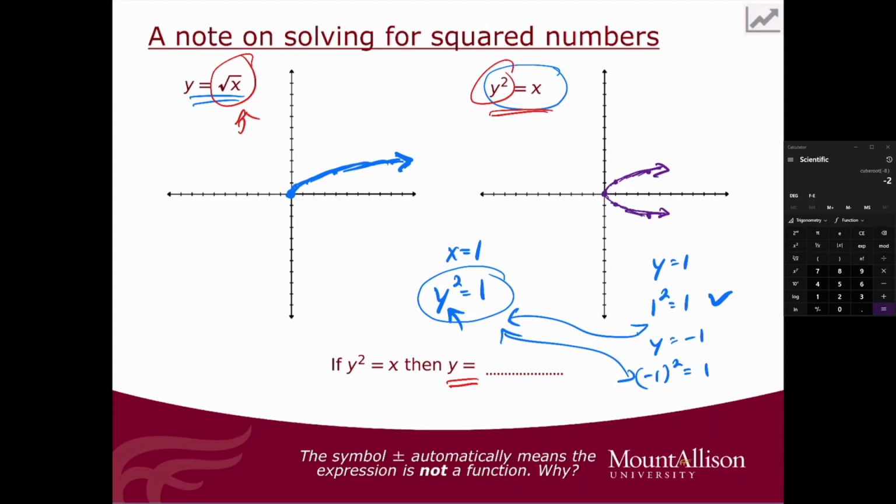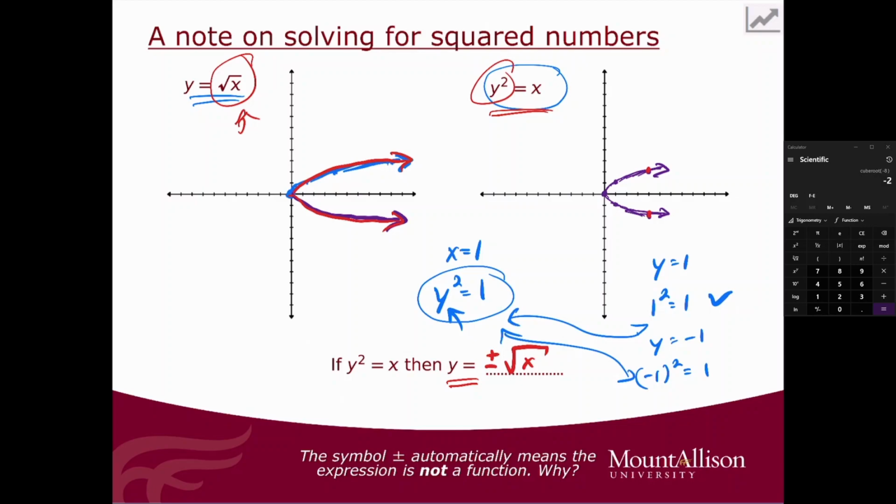But in this case, if you're solving for a number that's squared, what you're really doing is taking one copy of the square root, the plus copy, and you're saying it could be that, or it could also be the negative copy of it. So you say plus or minus. So if y squared equals x, then y is equal to plus or minus the square root of x.